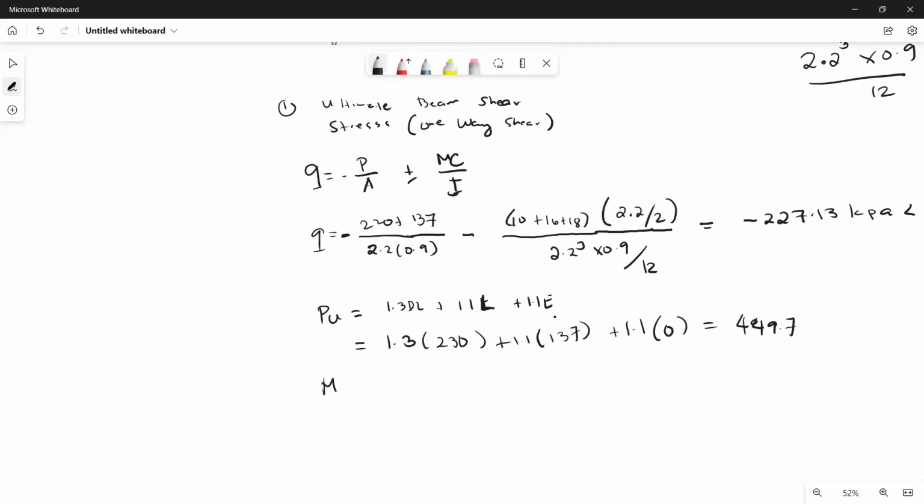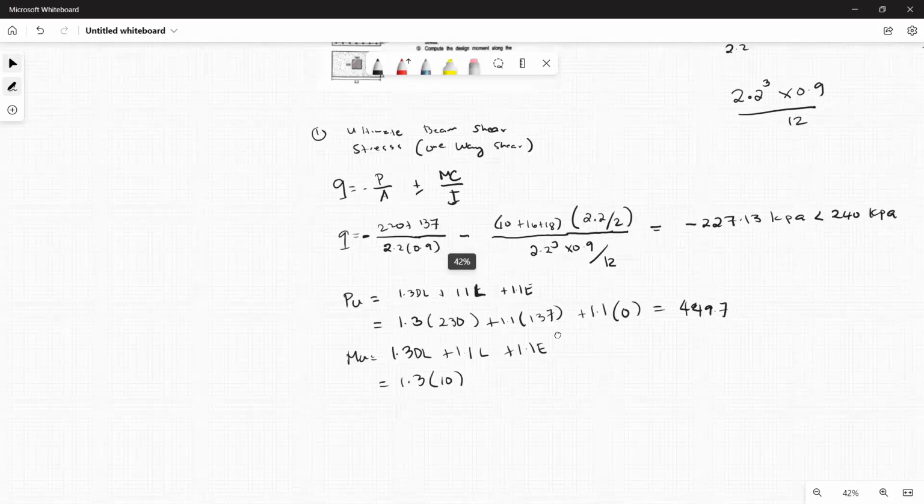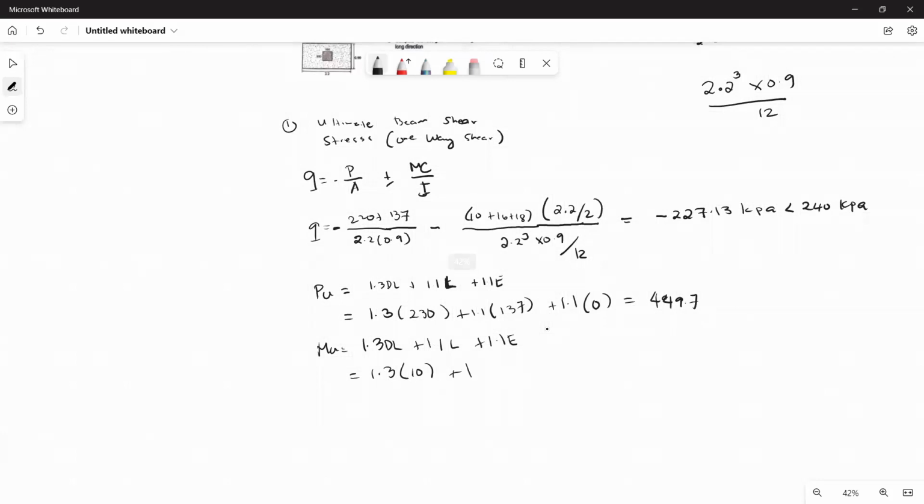And for the MU, using that load combination, 1.3 times 10, okay? Then 1.1 times 16 plus the 1.1 times 8, which is equivalent to 39.4 kilonewton meter. Okay, so this is for U1.